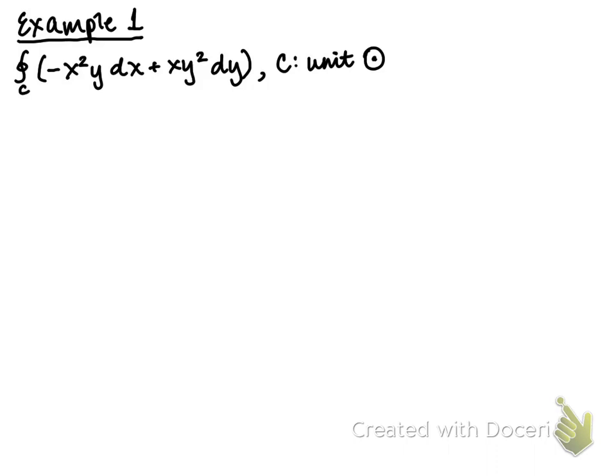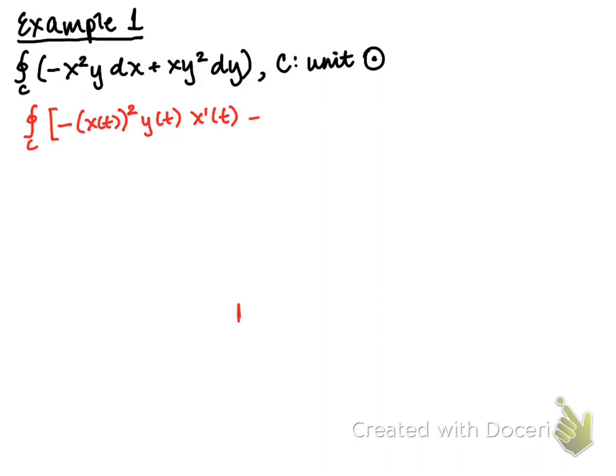Doing this the method that we had originally learned for line integrals with respect to x or with respect to y, this would turn into the line integral over C of negative x of t squared y of t, and then the dx would turn into x prime of t dt.